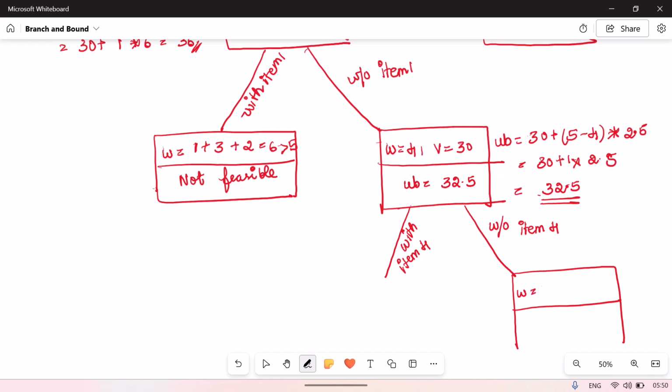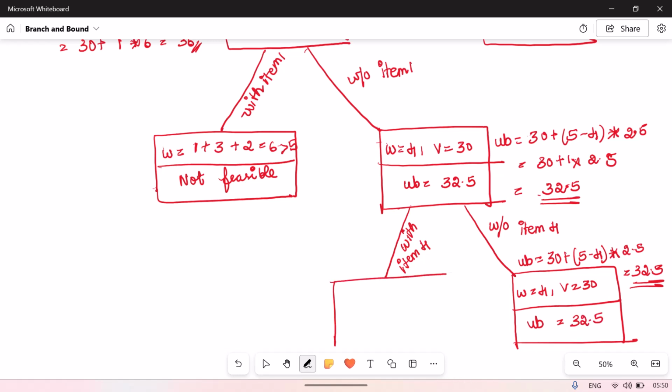So W is 4, B is equal to 30. So upper bound is 30 plus 5 minus 4 times the ratio of the current item itself, because there is no other item after it. So this comes to 32.5 itself. So upper bound is 32.5.